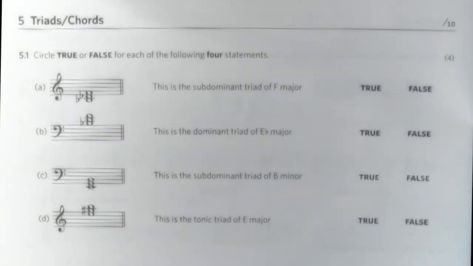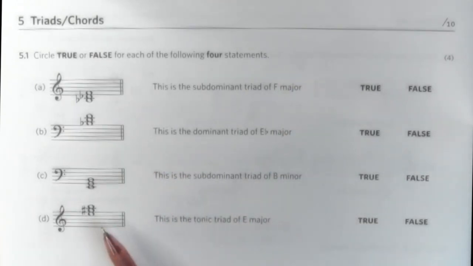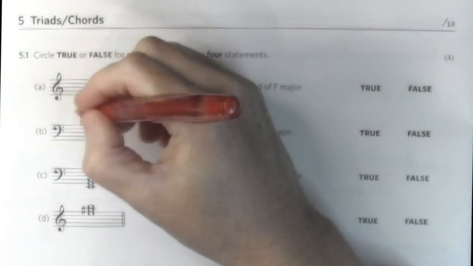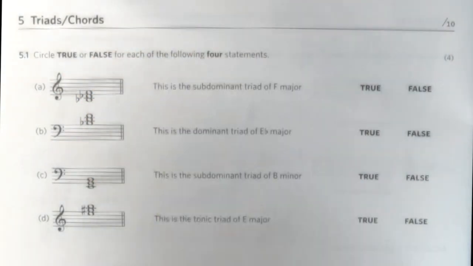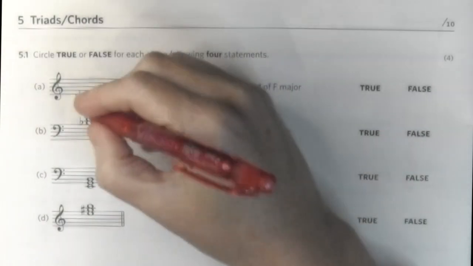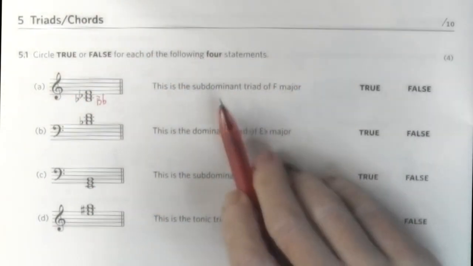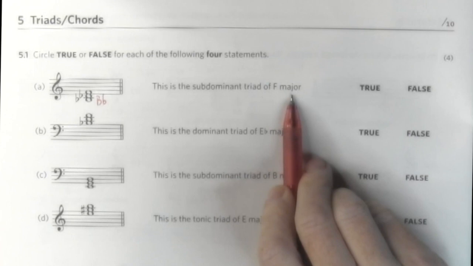This section relates to chords. And in this first question, we need to circle true or false for each of the statements relating to these chords here. This chord here, which has B flat as the bottom note, is the subdominant triad of F major.